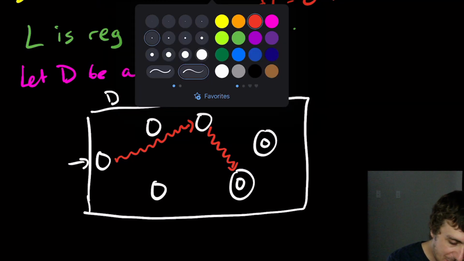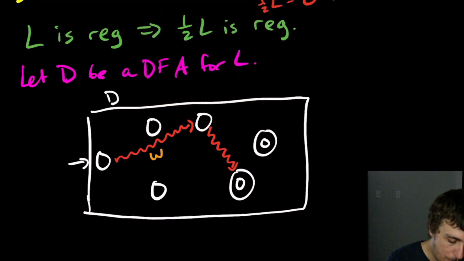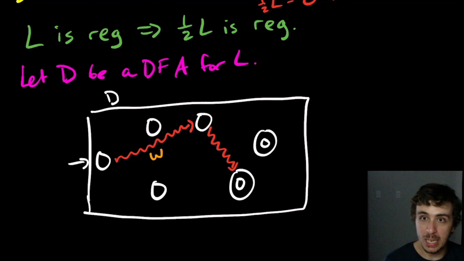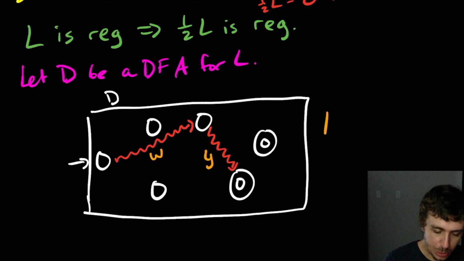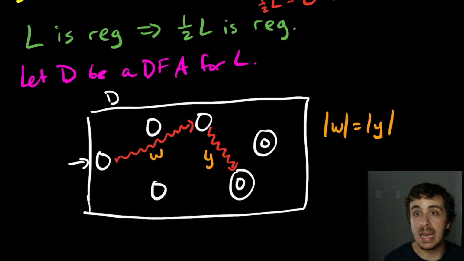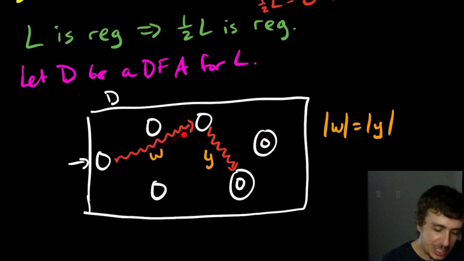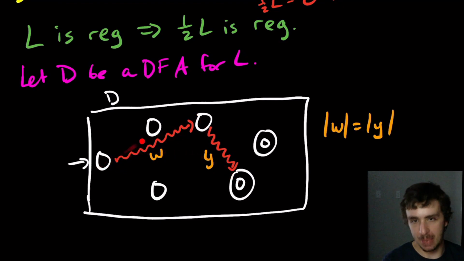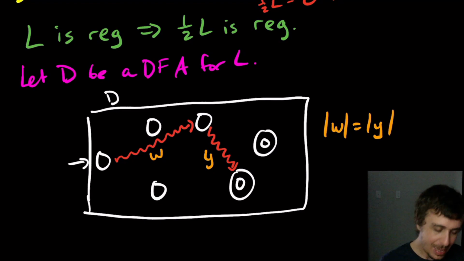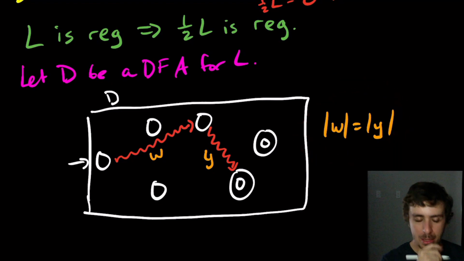So here, let's assume that this is the W part, which is the first half of the string, and here's the Y bit. And of course, let's assume, just for the sake of argument, that these are the same length. So we're assuming that WY is accepted by this thing, because I drew it that way, and we're going to assume that they're the same length.